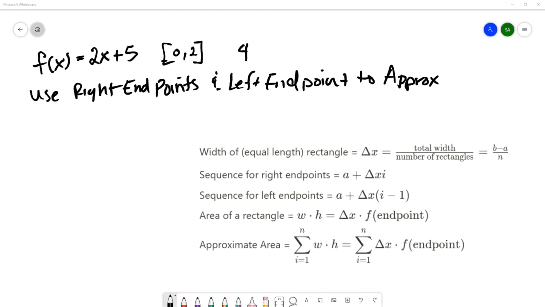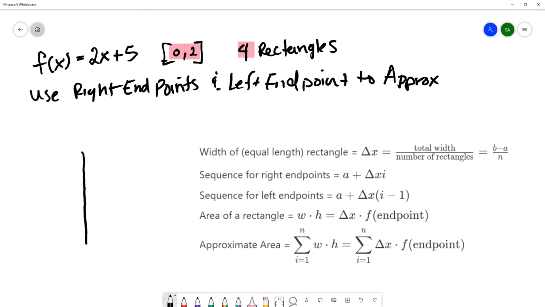So on this example, we're given the function f of x equals 2x plus 5, and we want to approximate the area under the curve on the interval from 0 to 2 using 4 rectangles. So first I want to draw a picture of what's being asked of us. Let's draw the function f of x equals 2x plus 5.